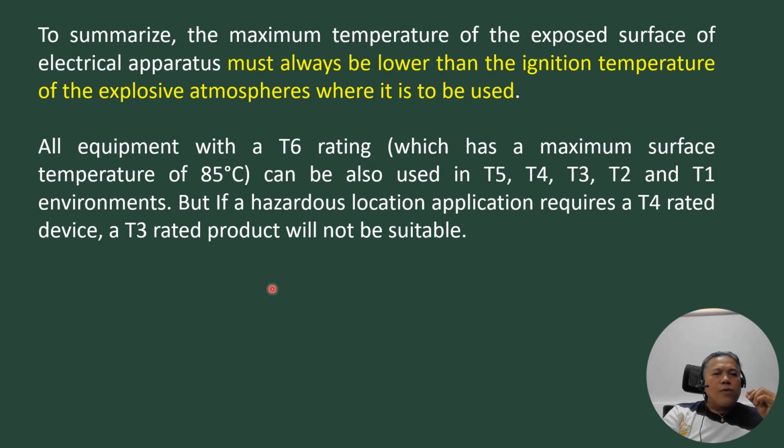So all equipment with a T6 rating, which has a maximum surface temperature of 85 degrees, can also be used in T5, T4, T3, T2, and T1 environments. But if a hazardous location application requires a T4 rated device, a T3 rated product will not be suitable. See? This is T5, T4, T3.